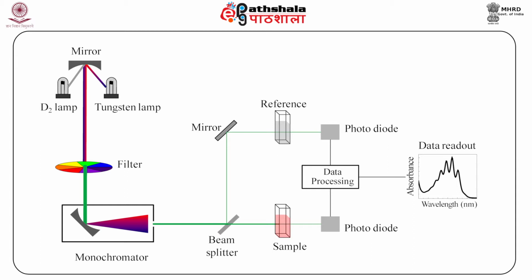The intensity of the sample beam is defined as I. In a short span, the spectrometer scans the component wavelengths. The visible region scanned is usually in the region of 400 to 800 nanometers, whereas for the UV region it is 200 to 400 nanometers.